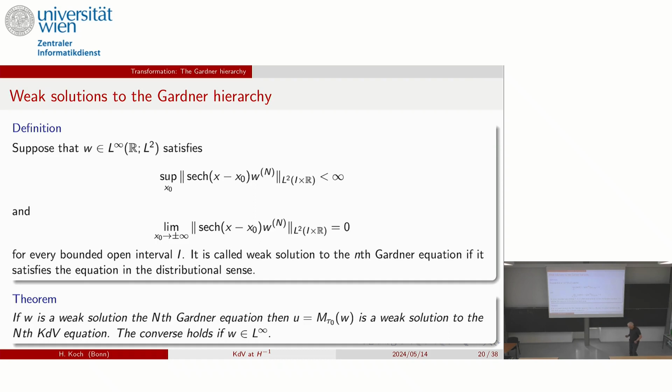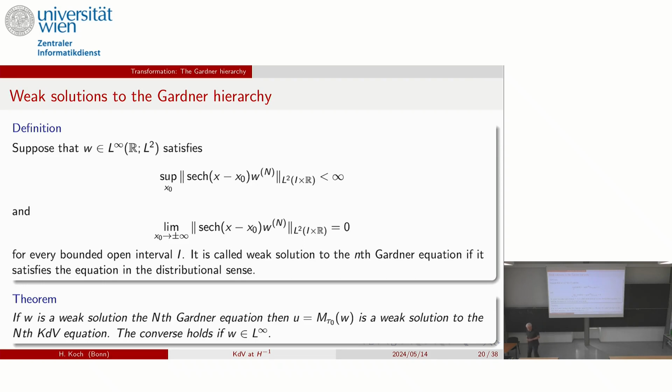So the nth order derivatives are locally in L2 in space-time uniformly, and they converge to 0 for fixed intervals as we move the center to plus or minus infinity. So they cannot have mass accumulated at infinity. And then the equations make sense in a distributional sense.